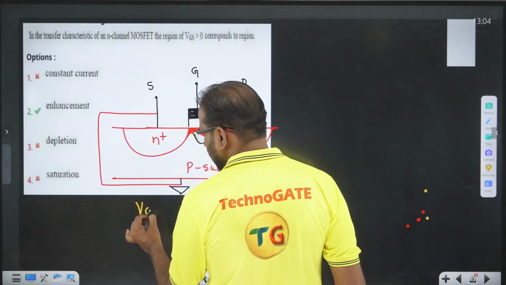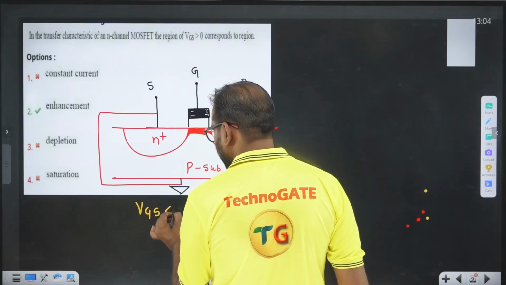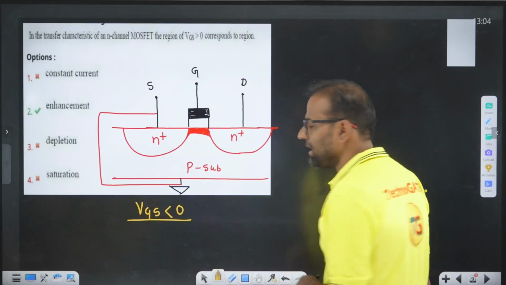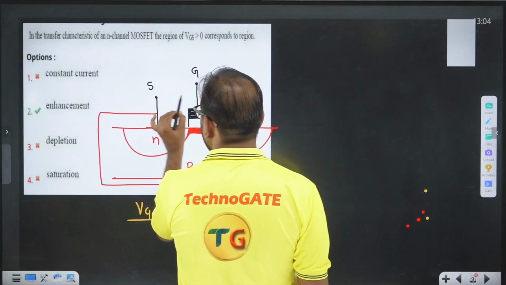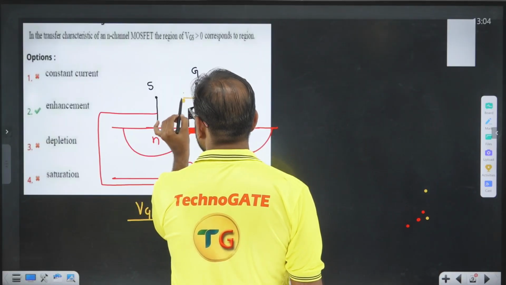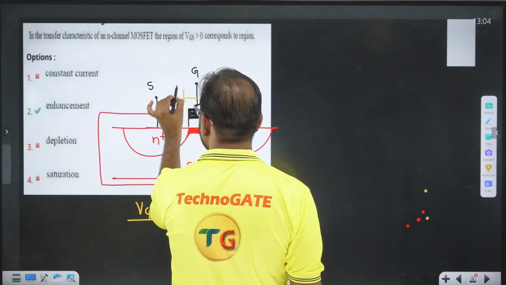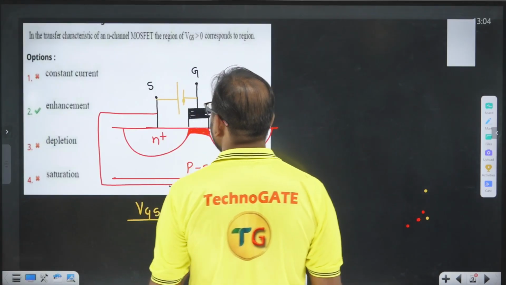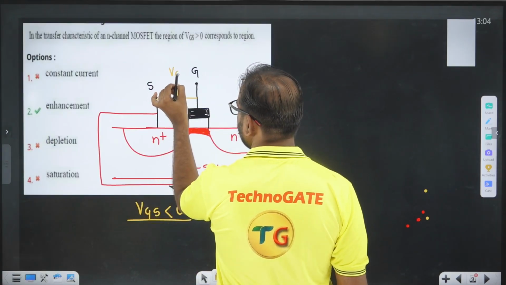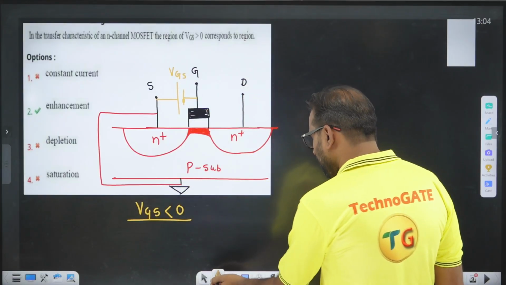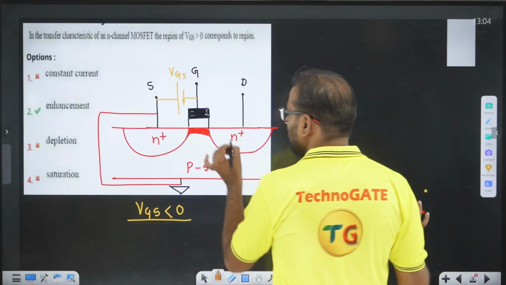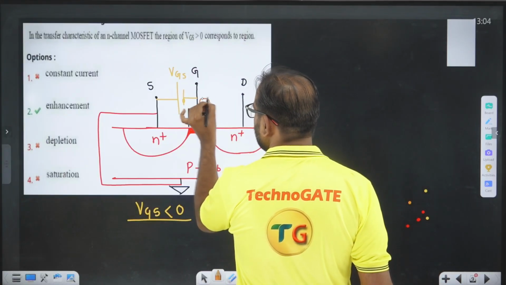Whenever I say that VGS is negative, what does it mean to have negative VGS? VGS is negative means this voltage is negative. If this voltage is negative, which type of charge carrier do you expect here? Negative charge is here.